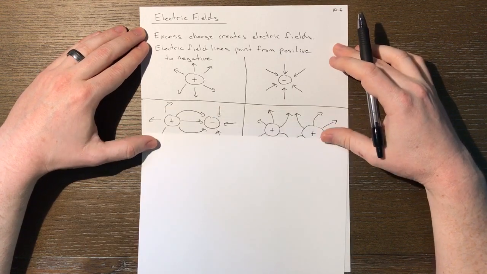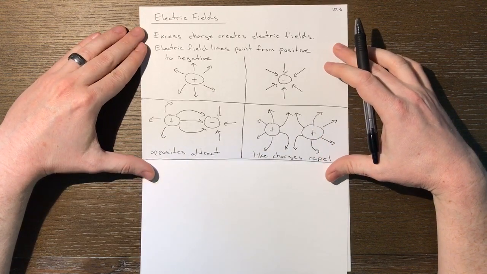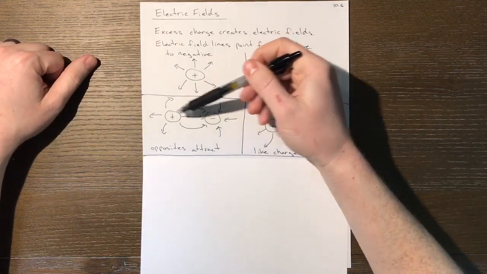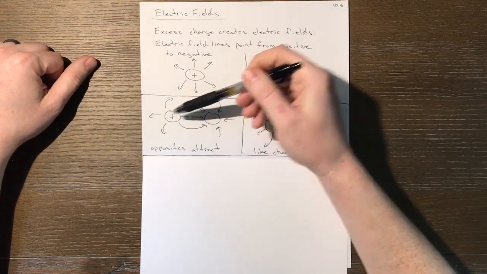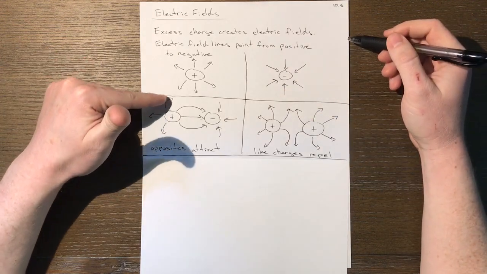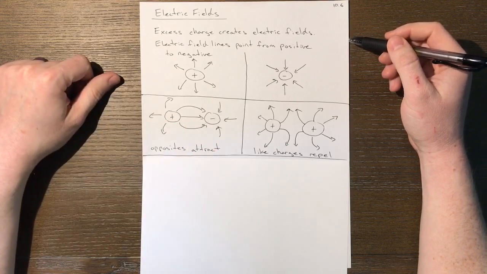When you have multiple charges floating around, things get a little more complicated, but the same sort of rules apply. So say we had a situation like this with a positive charge and a negative charge. Well, you still have field lines leaving the positive charge, but they are drawn toward that negative charge.